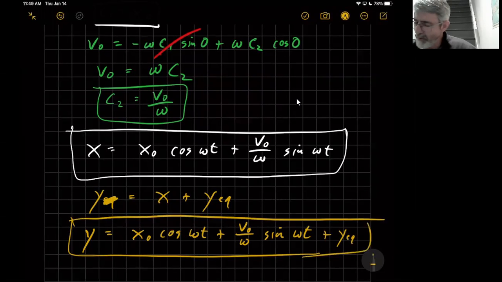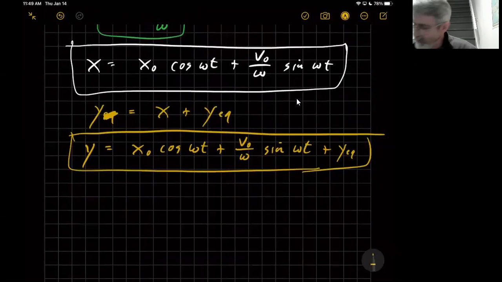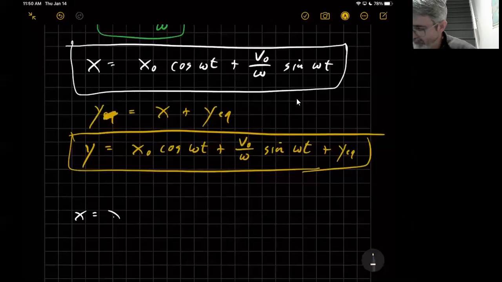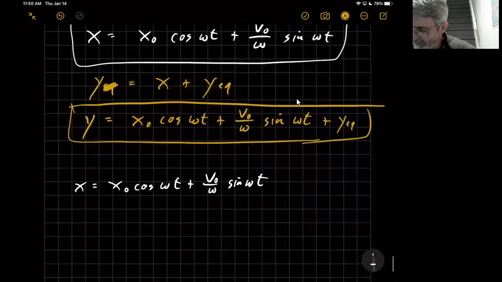Now, one final little teaser. We know that the motion can be described by x equals x naught cosine omega t plus v naught over omega sine omega t. But we also know from class that x equals A cosine of omega t plus phi.